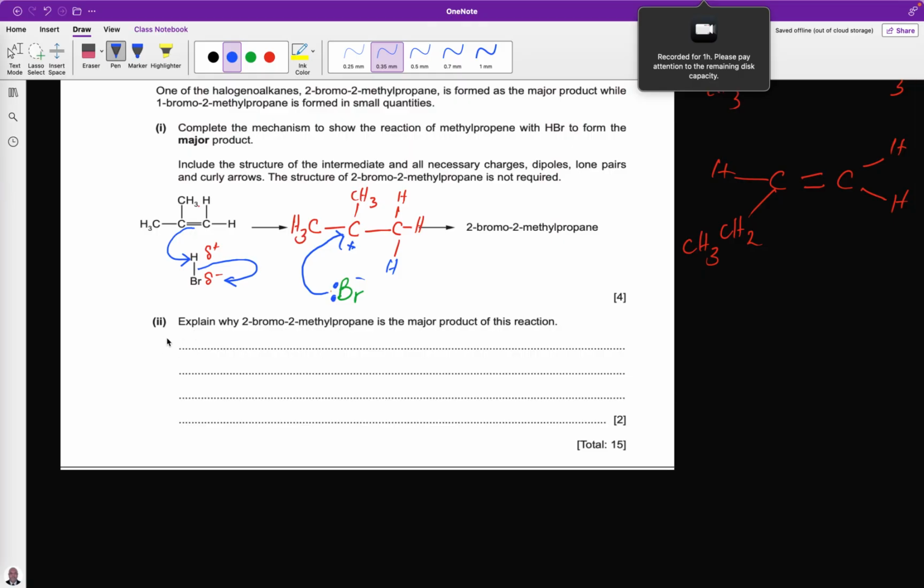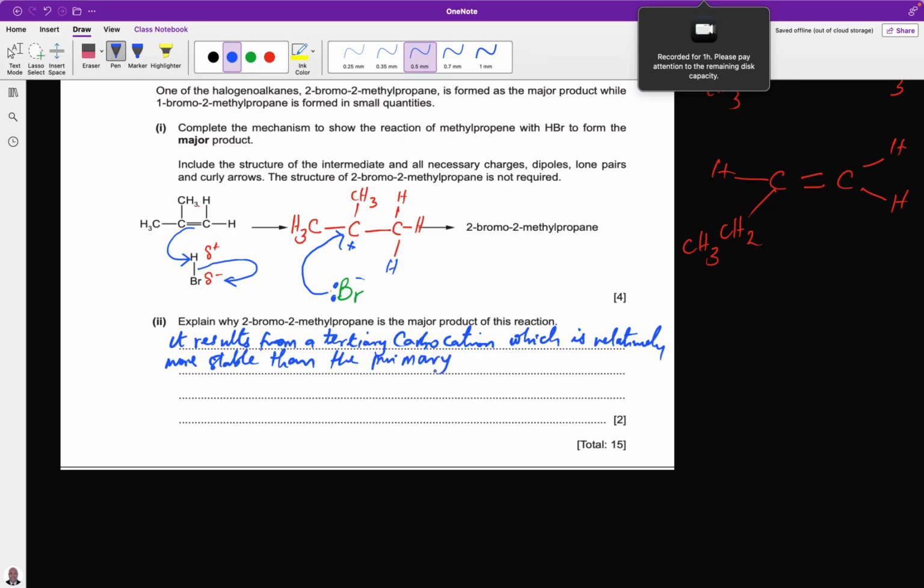I can say it results from a tertiary carbocation, which is relatively more stable than the primary carbocation.